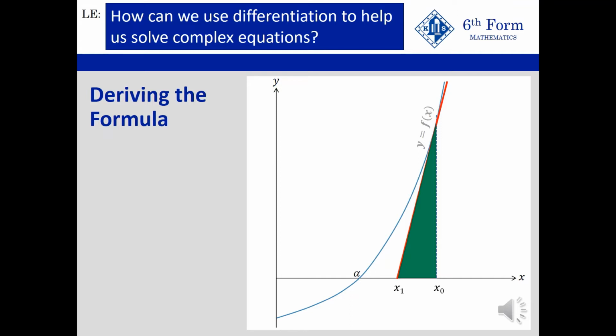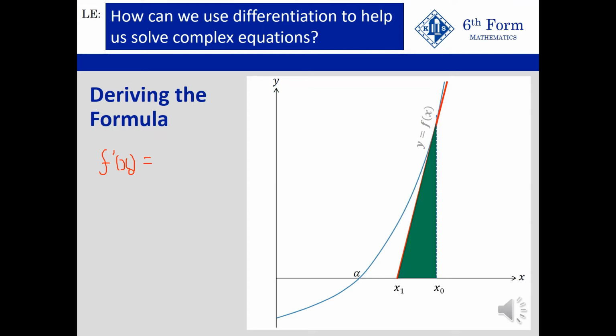The first way is using calculus. The gradient of that red tangent line could be worked out by differentiating f of x, noted as f dashed. And because it's the tangent using the x0 value, we could do it as f dashed of x0. We'd substitute that number in.